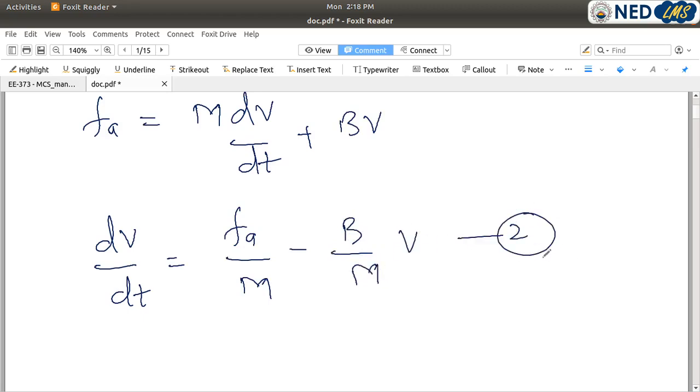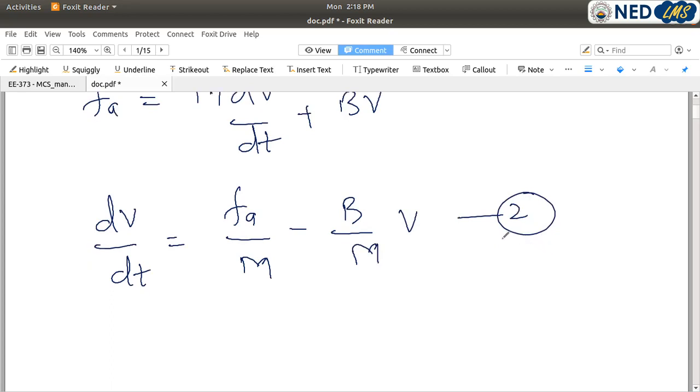So this will become equation number 2. Now we will use MATLAB to solve this equation by considering values of m and b. This system has only one state variable, which is v here, as it is a first order system.